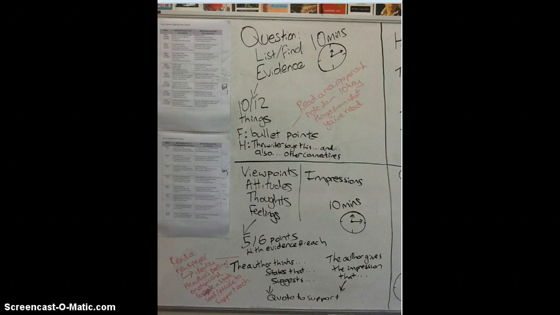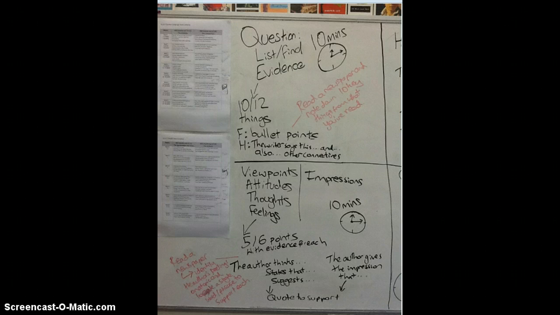The number indicates how many points you need to find. Okay, so if it says 3 and you only make 2 remarks about the text, you're going to lose out on 1 point. Okay, so 10 or 12 main points that you're going to find, unless the question is broken up for foundation paper. Foundation bullet point, higher list, but link in between.